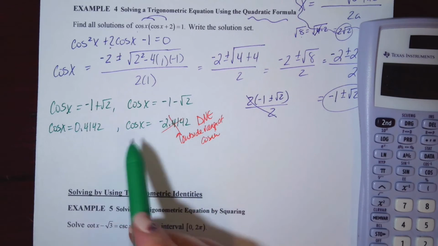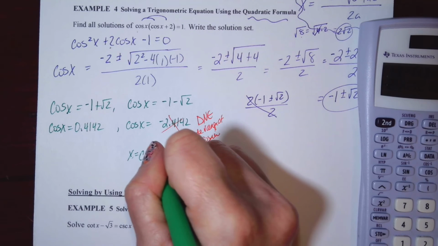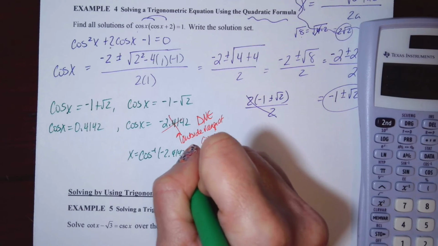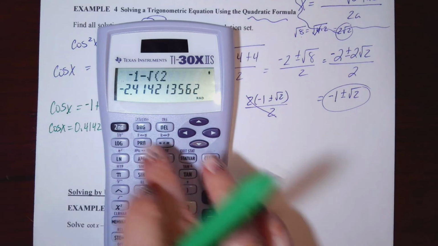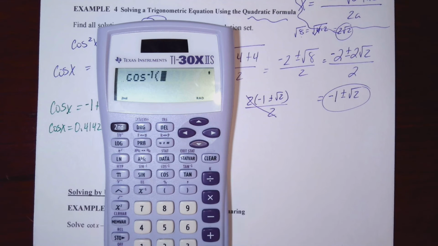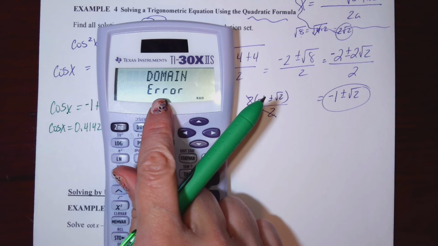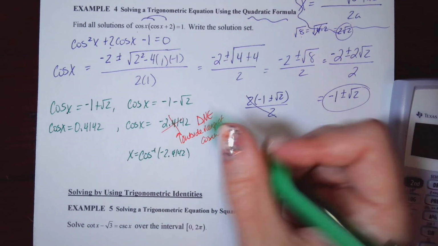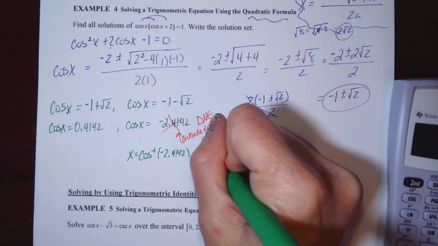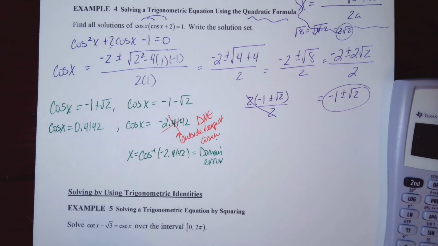So my next step is to use my cosine inverse button, so that if I do x equals cosine inverse of negative 2.4142, and I do cosine inverse of that answer, it tells me domain error. Doesn't work. It's outside the range of cosine, which means it's outside the domain of cosine inverse. So that one's a non-starter. It doesn't give me a solution.